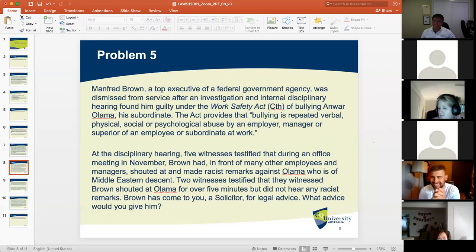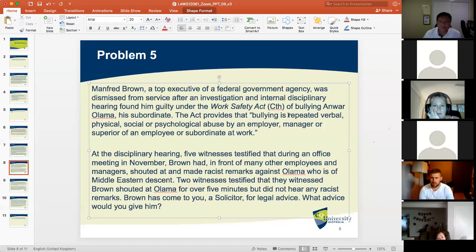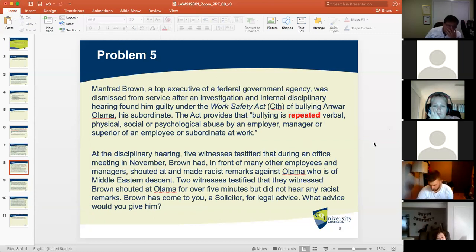Manfred Brown, a top executive of a federal government agency, was dismissed from service after an investigation and internal disciplinary hearing found him guilty under the Work Safety Act Commonwealth of bullying Anwar Al-Amma, his subordinate. The Act provides that bullying is repeated verbal, physical, social, or psychological abuse by an employer, manager, or superior of an employee or subordinate at work.